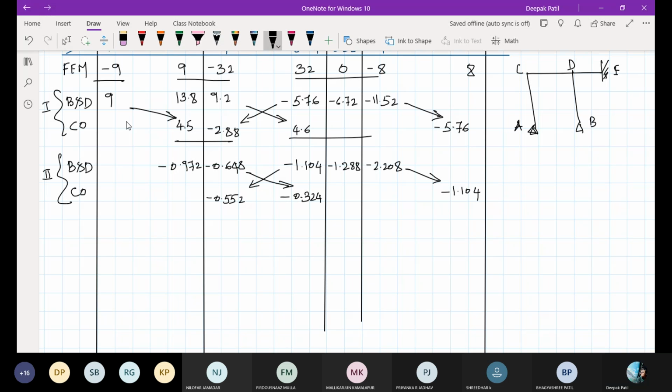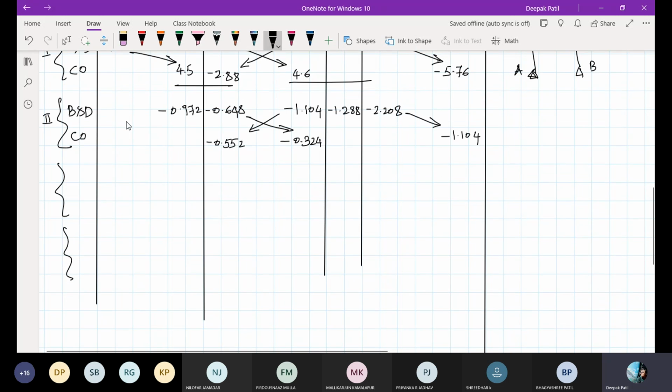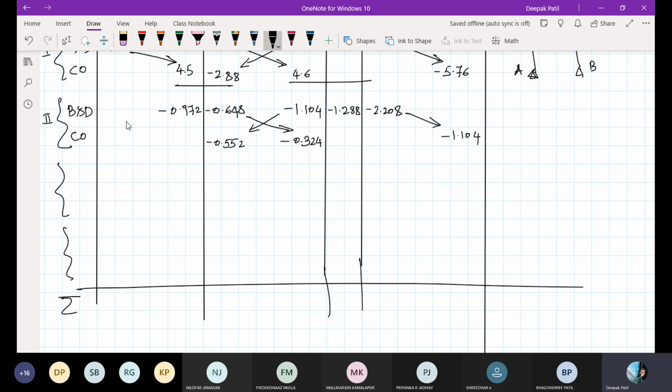Yes, sir. So you can carry out one more third cycle and one more fourth cycle. I will not do that part, so I will just leave it to you. Once you're done, you have to do the summation. I have already done the third and fourth cycles.